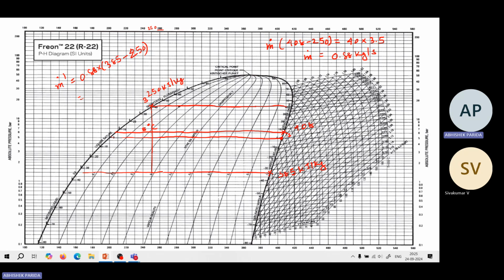We get somewhere around 119.62 kilowatt. Of course, this is kilowatt. And when you divide it by 3.5, you'll get 34.17. Okay, did you understand? Yes, sir.